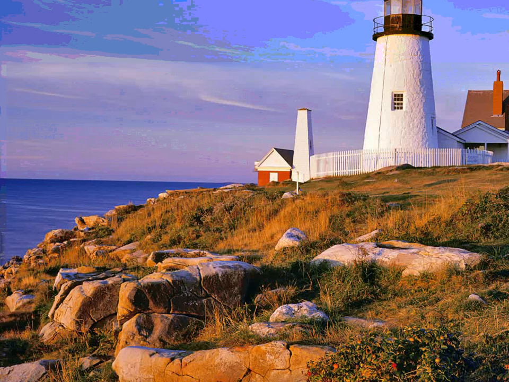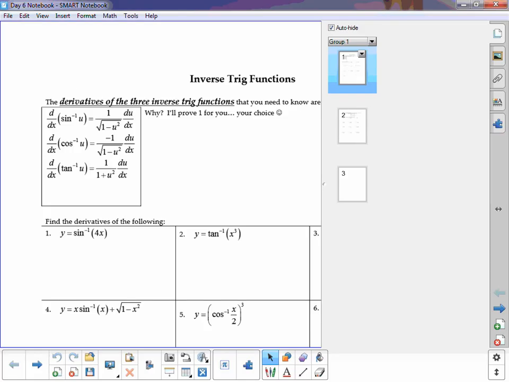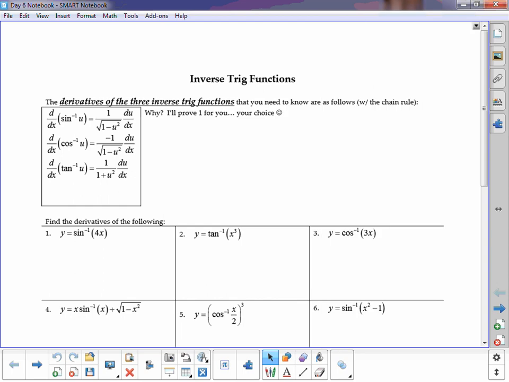Just need to bring the glasses. Is there anyone that did not get the notes? I hate when I forget my glasses. Okay.